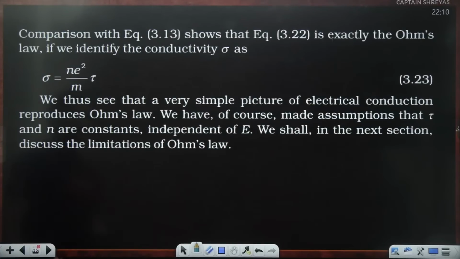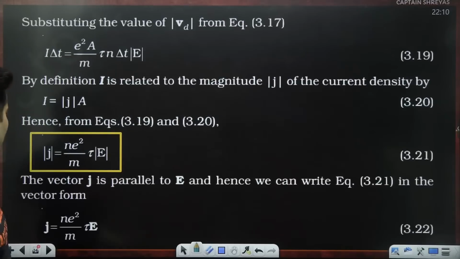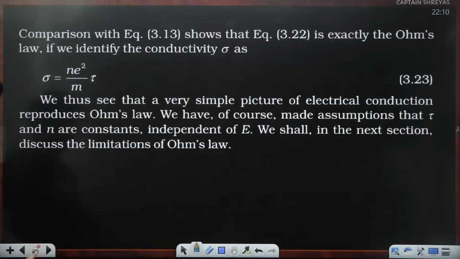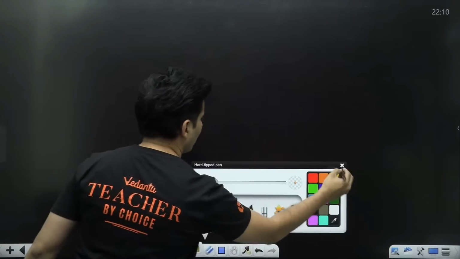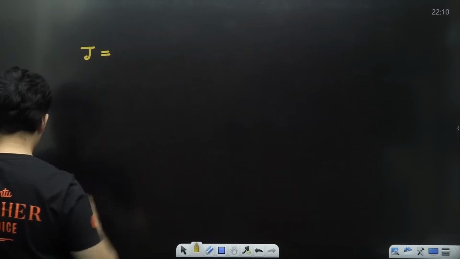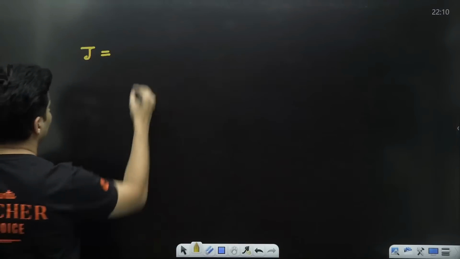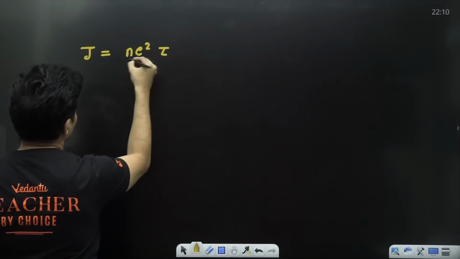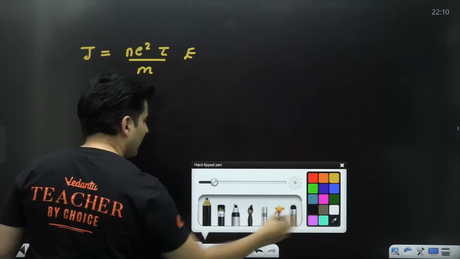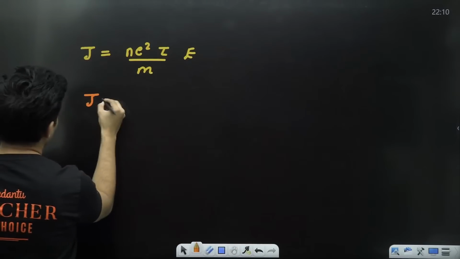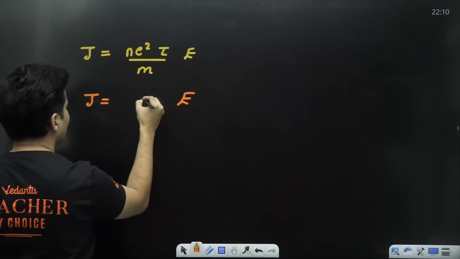Now, they also say that this is exactly Ohm's law if we identify the conductivity as this. So what they have done over here is this is J, and remember there was an equation. Let me write it down over here. J is equal to ne squared tau by m into E. But long time back, we also wrote down J is equal to E multiplied by sigma.